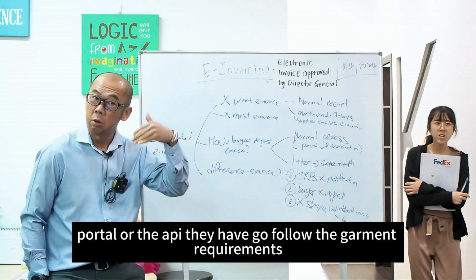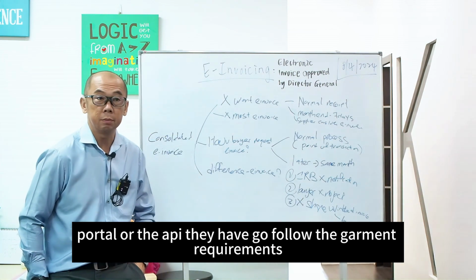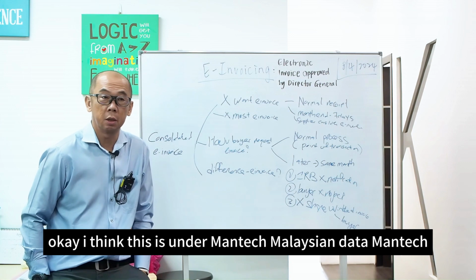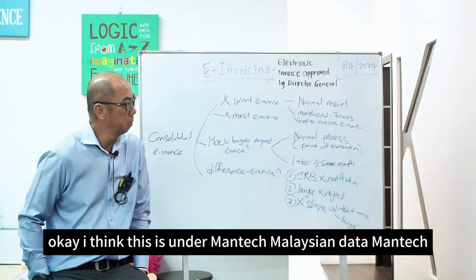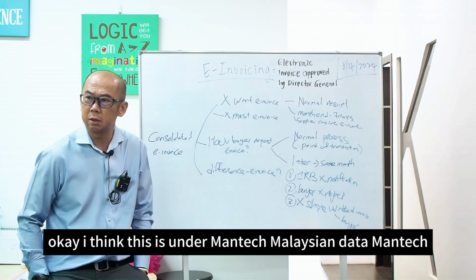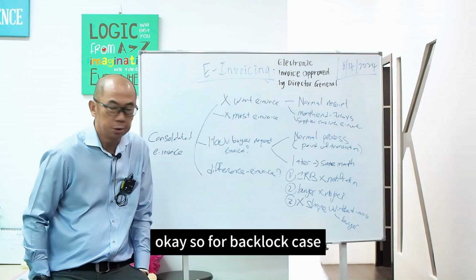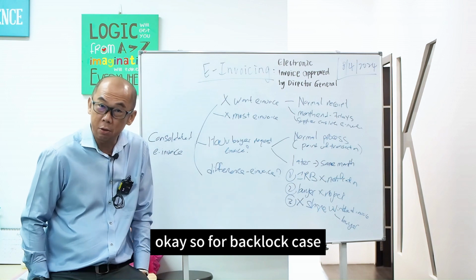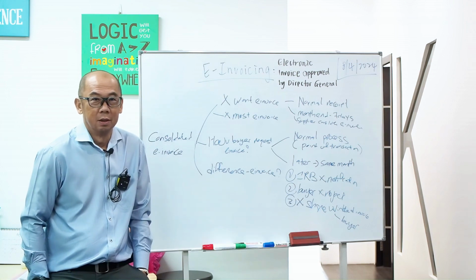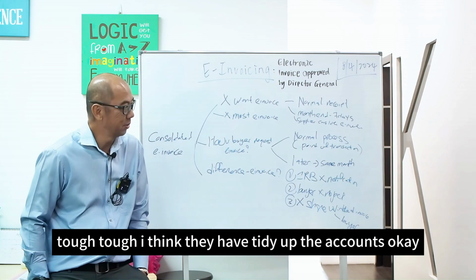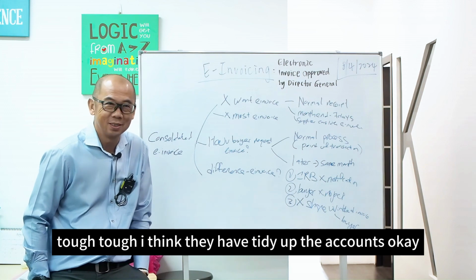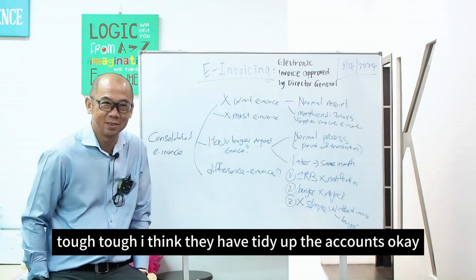They have to follow the government requirements. I think this is under MDEC, Malaysia Digital Economy Corporation. As for backlog cases, tough. I think they have to tidy up the accounts.